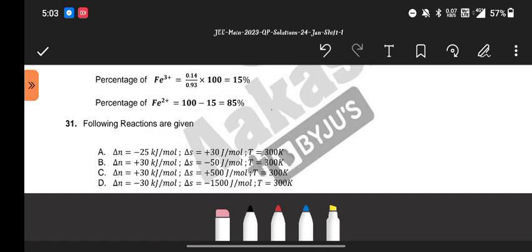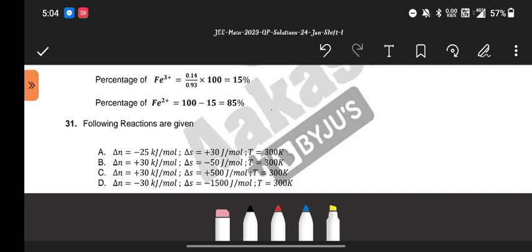The next question: the following reactions are given. Option A: delta H is equal to minus 25 kilojoule per mole, delta S is equal to plus 30 joule per mole per Kelvin, T is equal to 300 K. Option B: delta H is equal to plus 30 kilojoule per mole, delta S is equal to minus 50 joule per mole per Kelvin, T is equal to 300 K. Option C: delta H is equal to plus 30 kilojoule per mole, delta S is equal to plus 500 joule per mole per Kelvin, T is equal to 300 Kelvin.